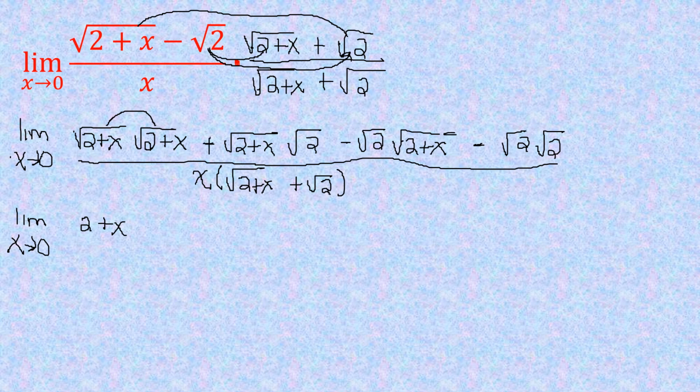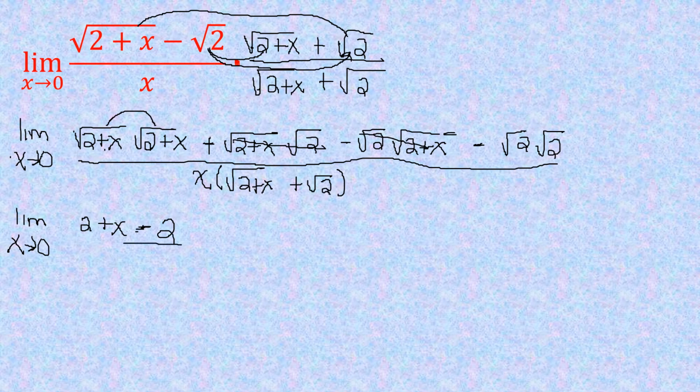When I multiply positive radical 2 times 2 plus x and minus radical 2 times 2 plus x, these cancel each other out because one's positive and one's negative, so that's gone, and I am left with negative radical 2 times radical 2, which is just minus 2.